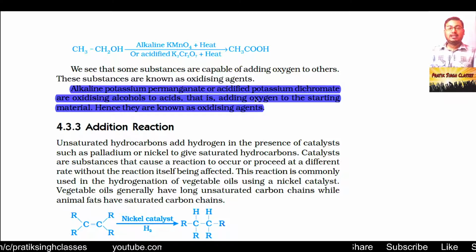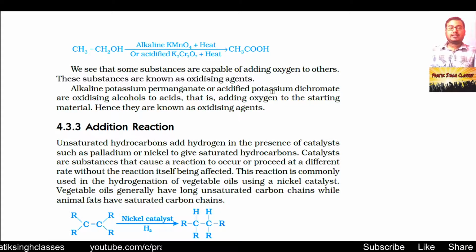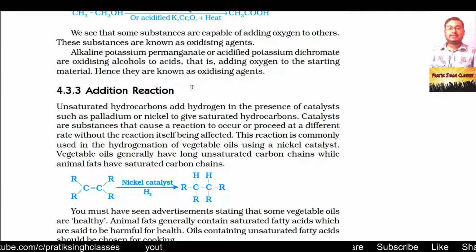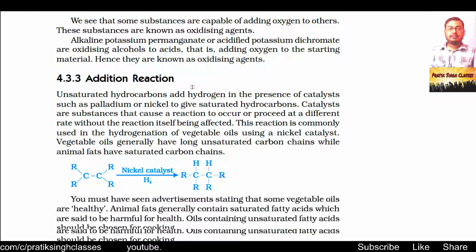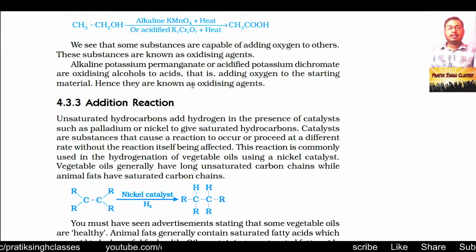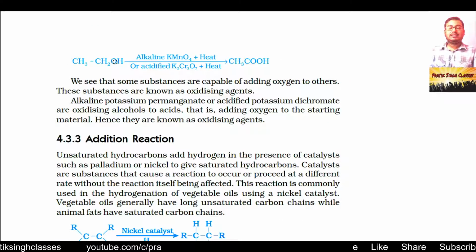So here they are adding oxygen to ethanol, and they are called oxidizing agents in this given reaction. Now you can see that oxygen is being added here, so you can see this reaction as two types: it may be an oxidation reaction, or it can also be called an addition reaction.